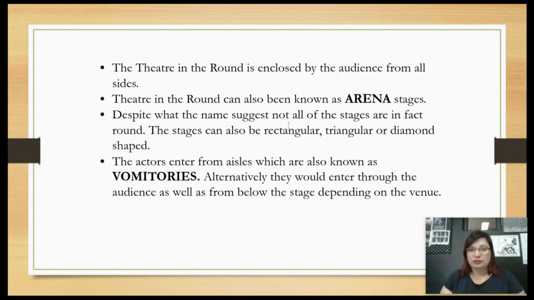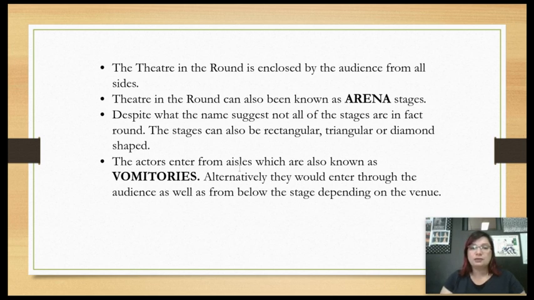Despite what the name suggests, though, not all of the stages are actually round. They can be square, diamond, triangle, doesn't matter what shape they are. The reason they're called theatre in the round is quite simply because they are surrounded by people. That's why it's called a theatre in the round.